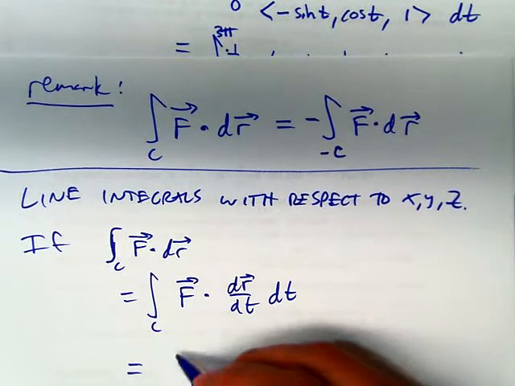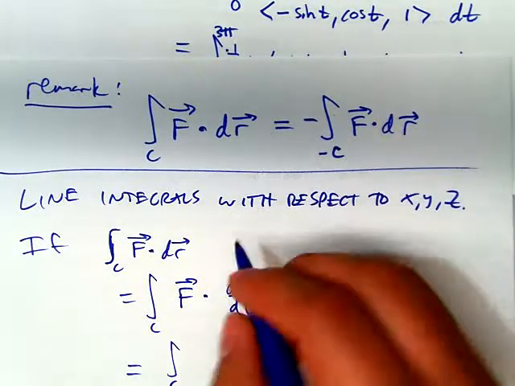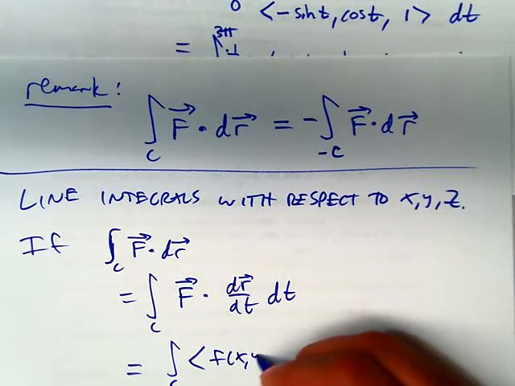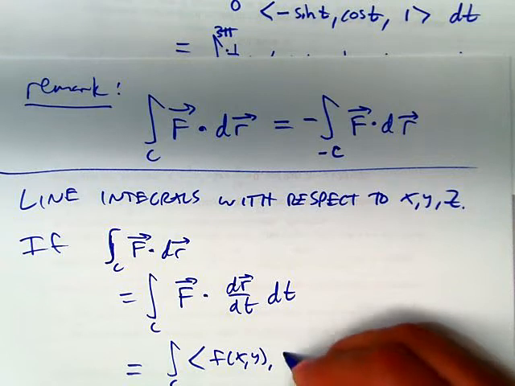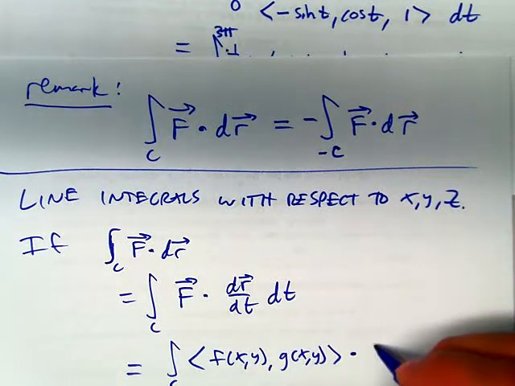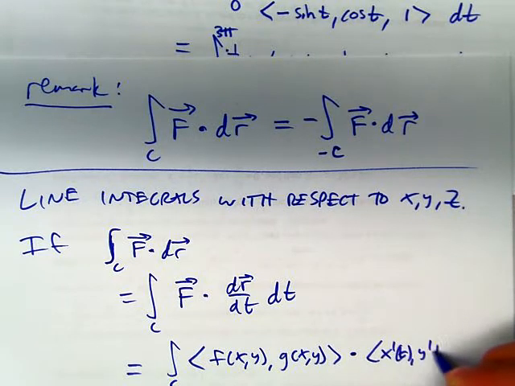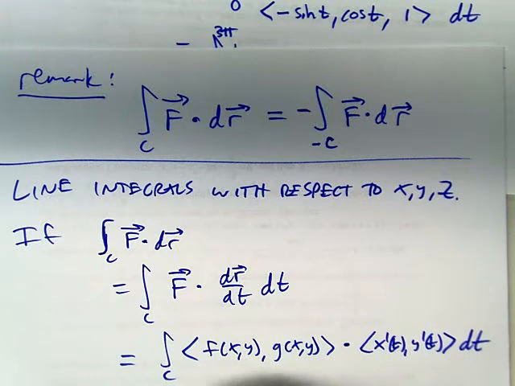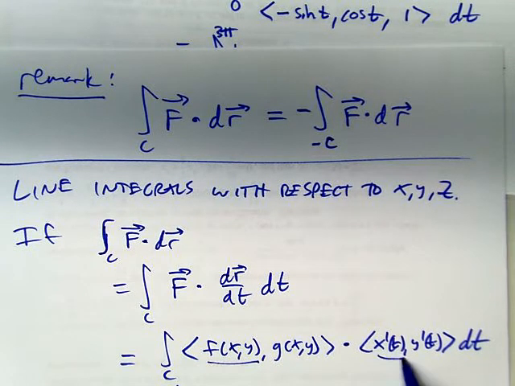Then we can think of this as, let's see, little f, little g, so that would be the vector field f, dotted with dr/dt, which is x prime t, y prime t dt, which, and this is what we were trying to get to, could also be evaluated as the integral from a to b of f of x y dx, so that's this times that, plus g of x y dy.